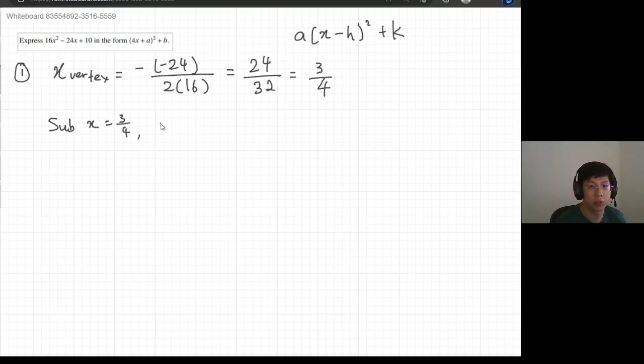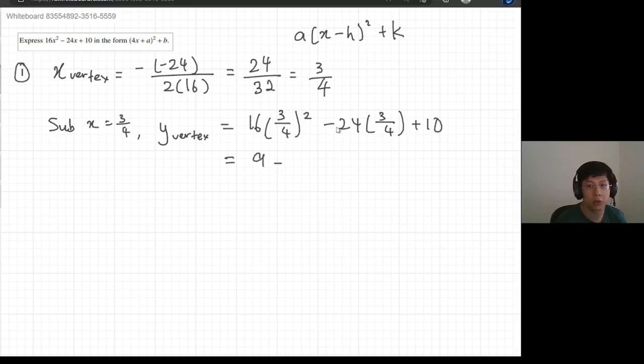So then I will get y of the vertex, which will be just 16 times (3/4) squared minus 24 times 3/4 plus 10. 16 times (3/4) squared is 9. 24 times 3/4 is actually going to be 18, so plus 10, this gives us 1.